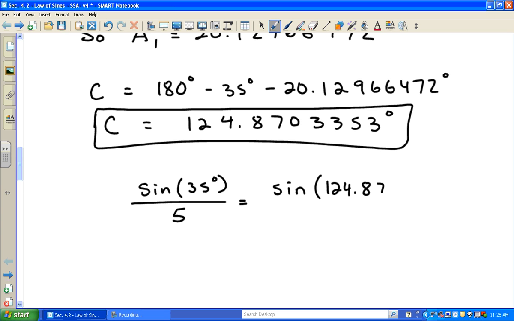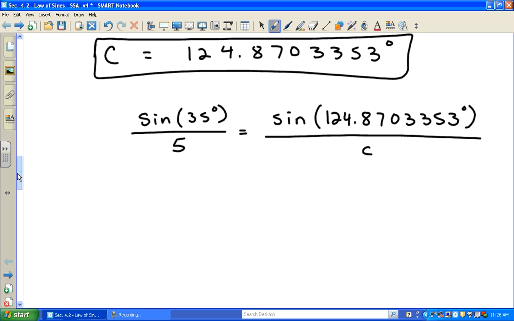Make sure you use all the decimals because you want to be as accurate as possible. And then we don't know side C. To do this, I'm going to multiply both sides by C to get that out of the denominator.